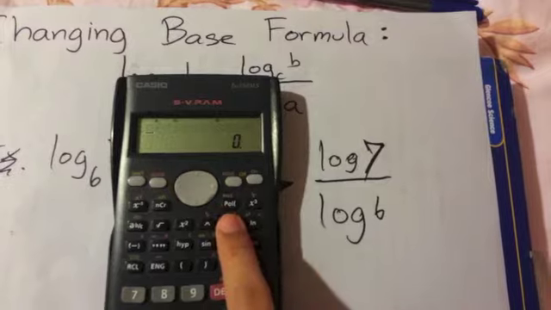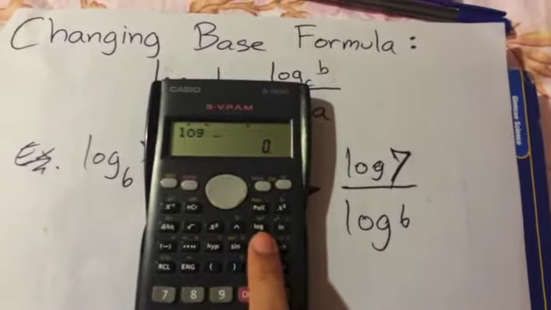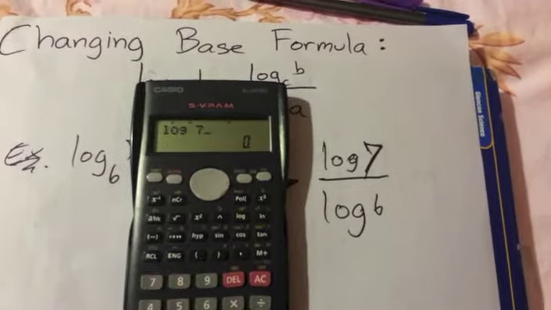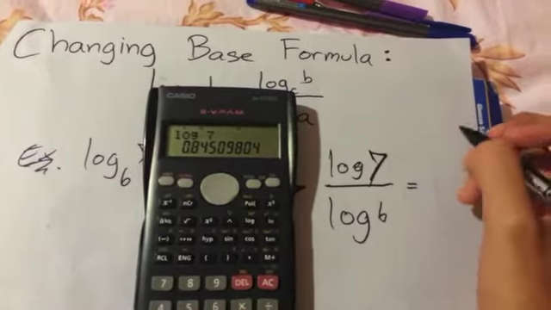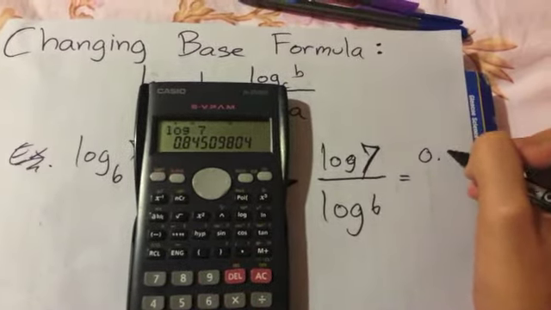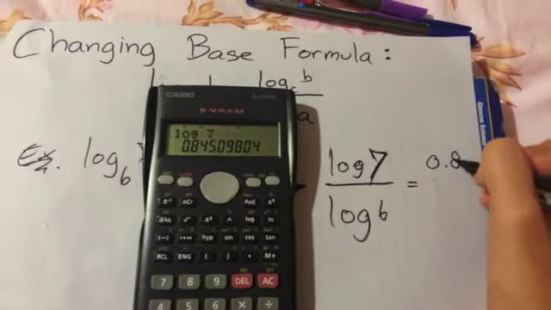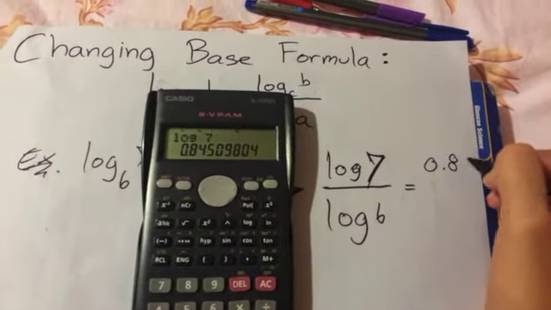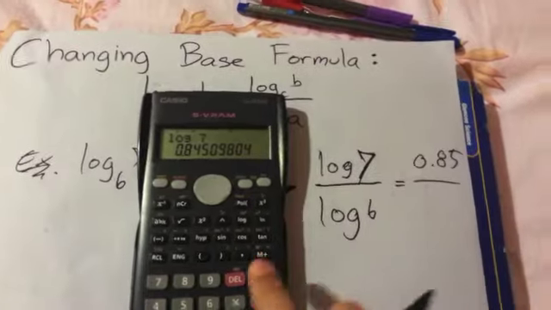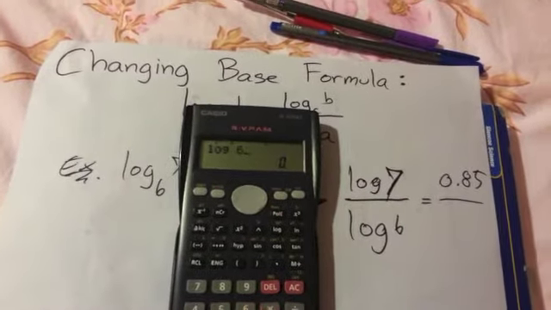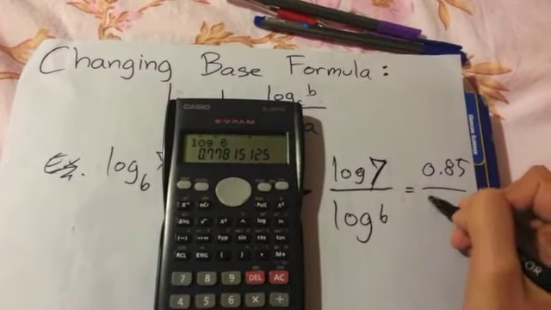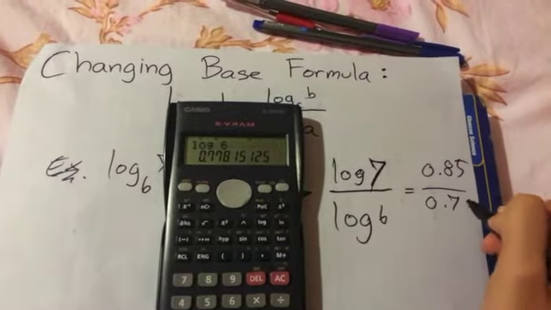So you press log 7 equals. So log 7 is going to be 0.85 divided by log 6 equals 0.78.